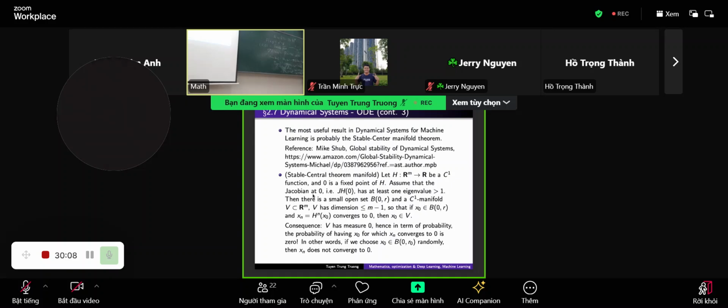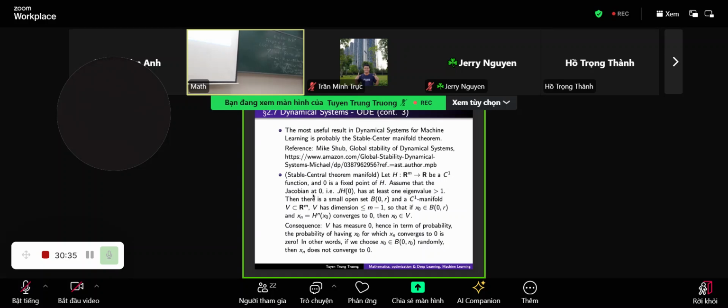If you want to apply this theorem, you need to check that your method H is C1 near this point. Maybe not C1 everywhere, but C1 near the critical point. And then you want to check that the Jacobian has one eigenvalue bigger than 1. Then you can apply this theorem and say that your method can avoid the saddle point.